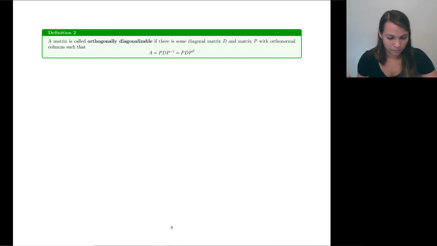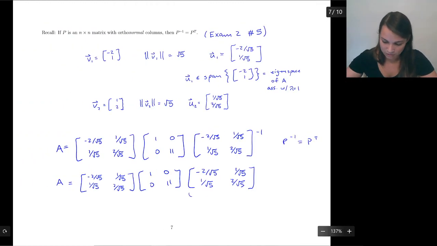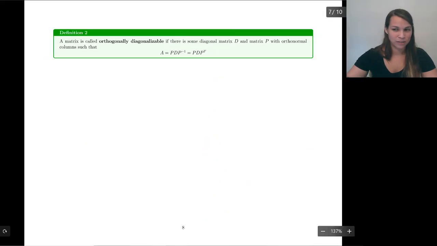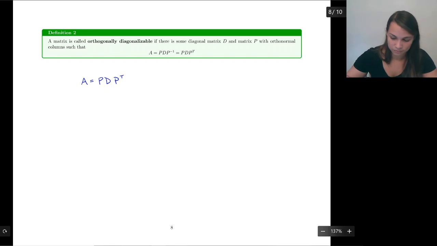All right. I want to chase something down. You may or may not have noticed, let's flip back for a moment. We're back at P. That is on purpose. That was not a coincidence. So check it out. If A is orthogonally diagonalizable, we get this. So let's take the transpose of that.